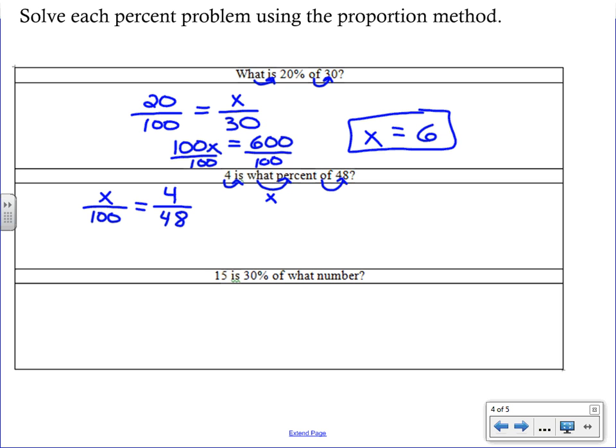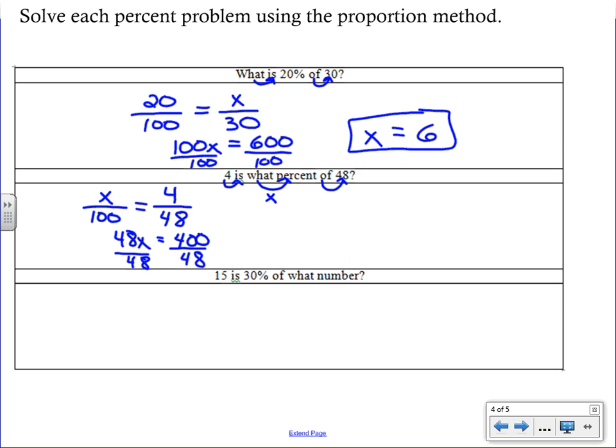Now, I caution you here, don't always put the small number on the top and the big number on the bottom, because like we showed you in the table up above, you can have a percent that is more than 100. So make sure that you're clearly reading the problem. All right, we are going to solve by cross multiplying. So we have 48x equals 400. We are going to divide both sides by 48.